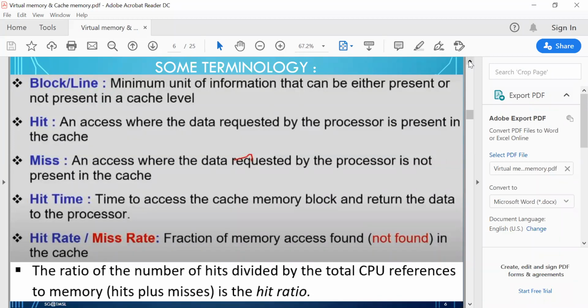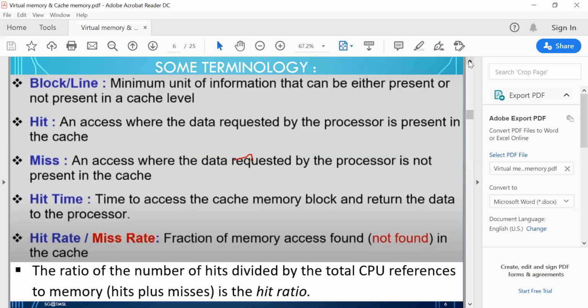Okay, so what does it mean? That means the operation of the cache is conceptually very easy. When the CPU needs to access memory for a word, it must be accessed from the cache memory first. If the word is found in the cache, the CPU reads it from the cache memory.